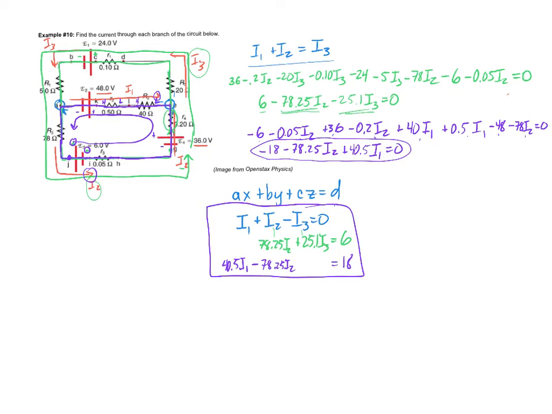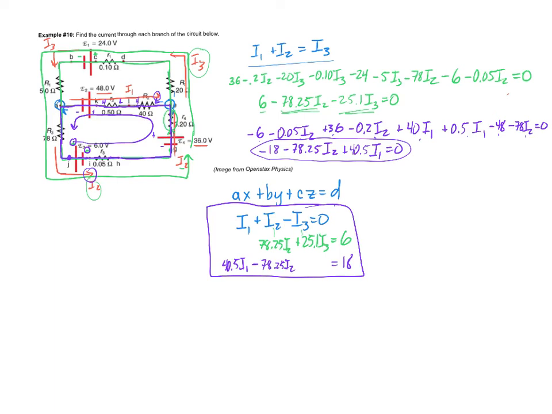And so I'm going to type in, this one doesn't have an I1, so I'm going to put in a 0 for the I1, and then I'm going to type in a 78.25 for the I2, that's positive, and then I'm going to type in a 25.1 for the I3, and then I'm going to type in a 6, because that's the constant over there on the right side.